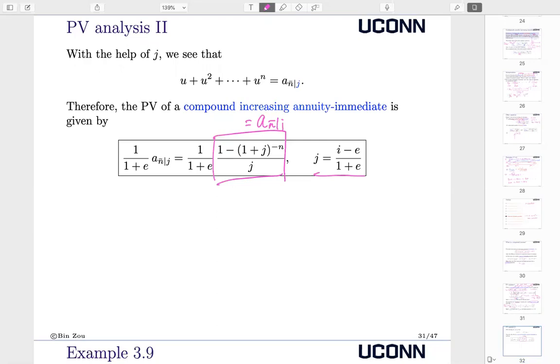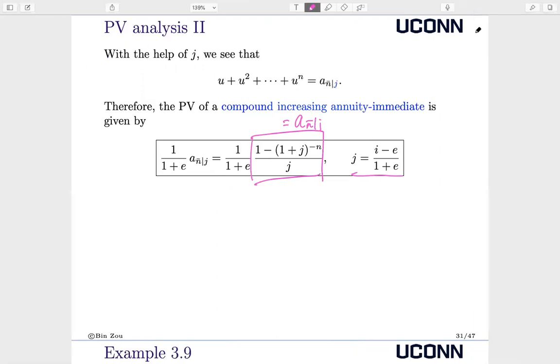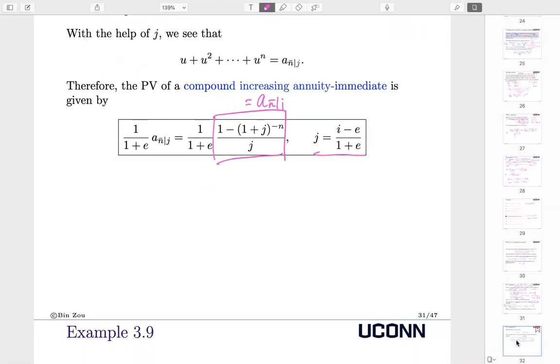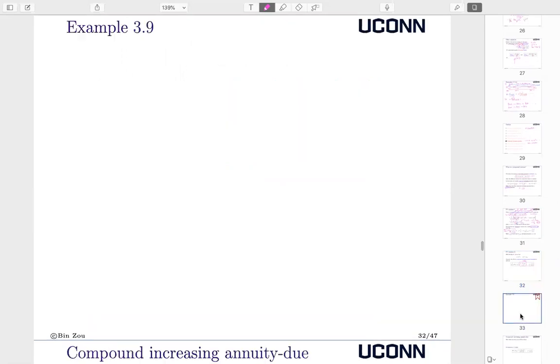Okay, now let's do an example to see how it works. 3.9 is the example. 3.9, if you have the textbook, you should go to page 77. 3.9.